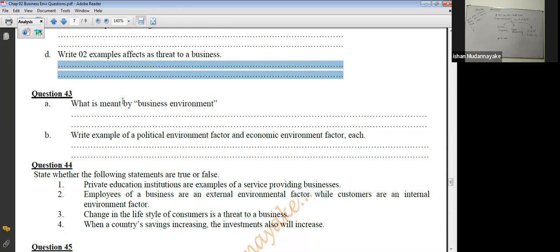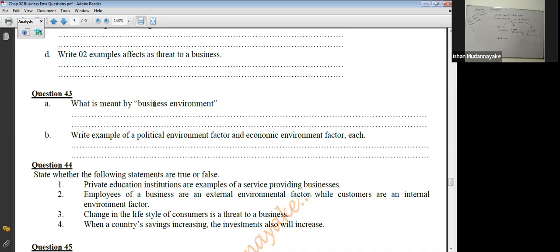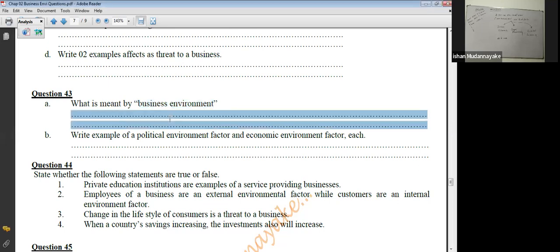Quickly we will discuss question 43. What is meant by a business environment? Quickly write it down.